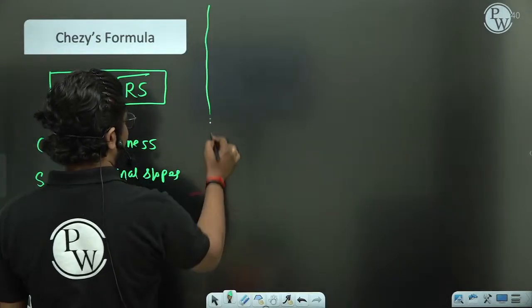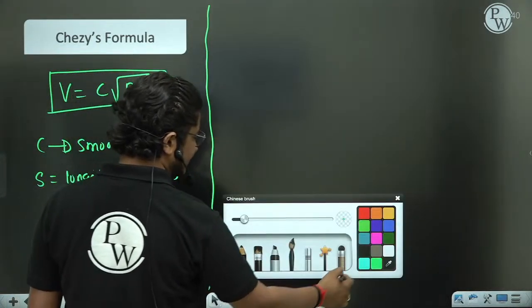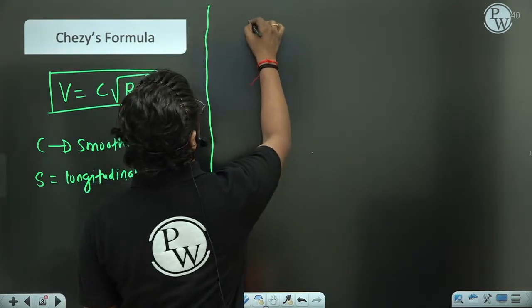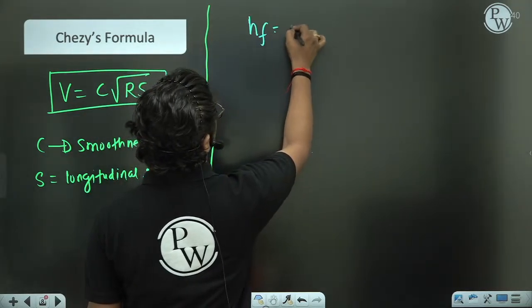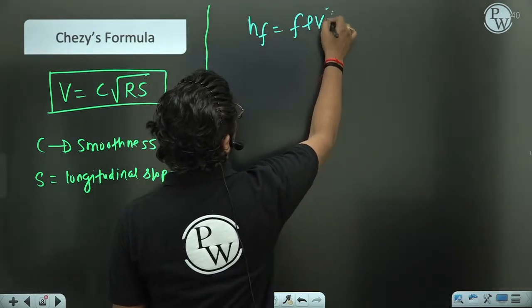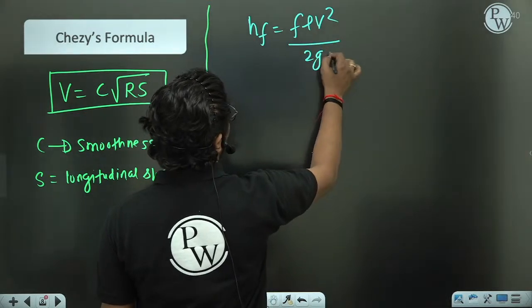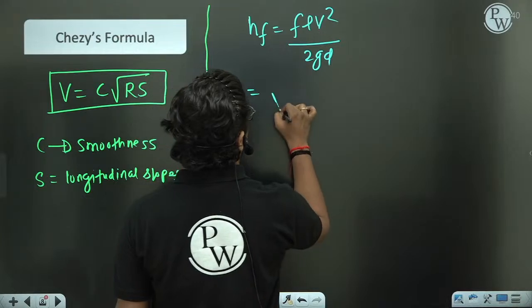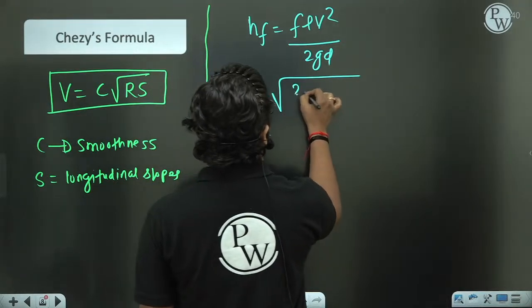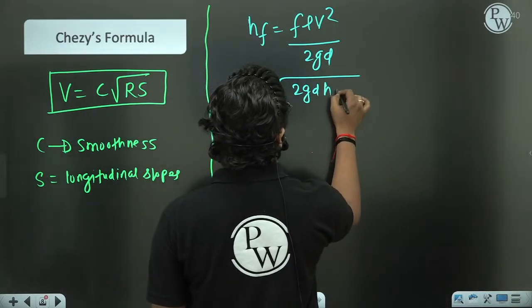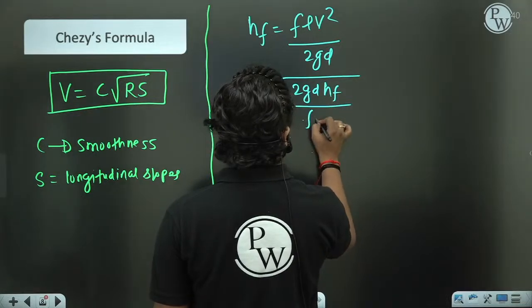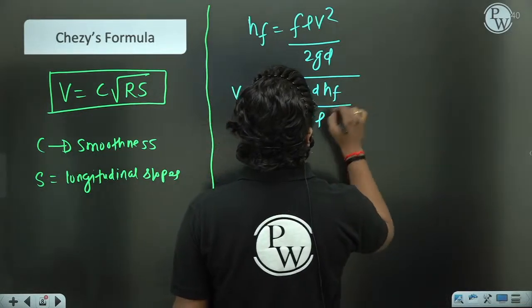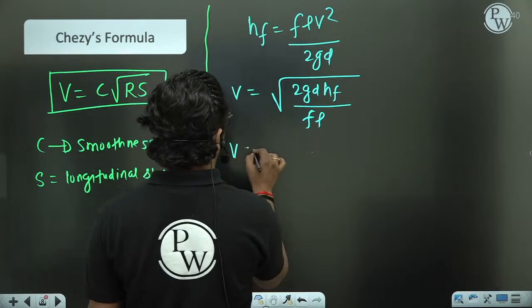If you want, you can derive this formula also. Very easily you can derive. You know this formula, na? hf equal to f L V squared upon 2gD. Yes, definitely all of you have heard. So V equal to root under 2gD into hf by fL. I'm writing this in a different way.